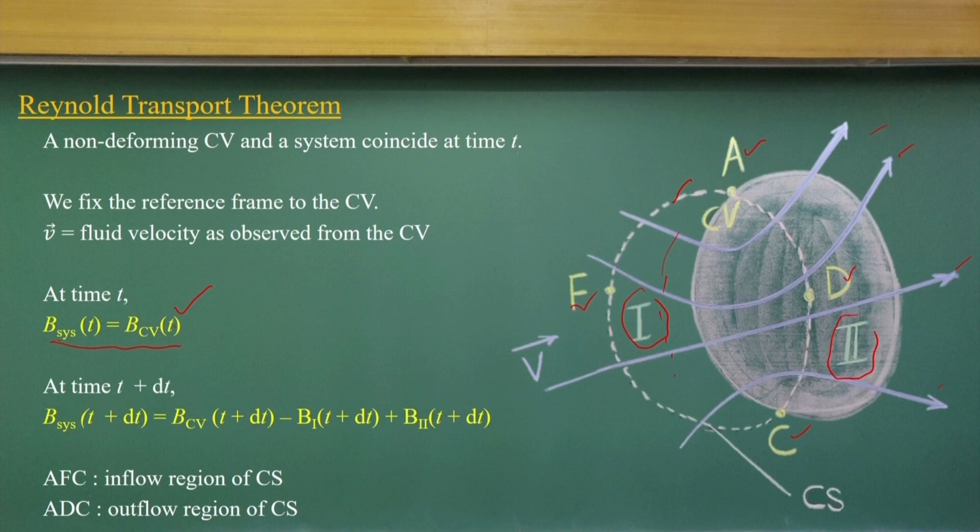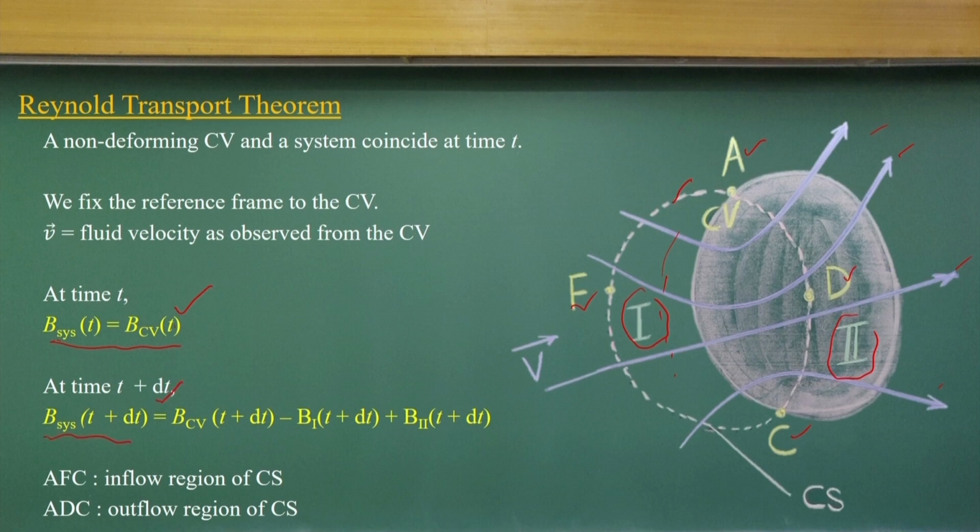One is the influx region, another is the outflux region, and another is the common region, which is there when the system is at the t time and also at t plus delta t. So, at the system level t plus delta t, I can define it as a control volume level of t plus delta t.